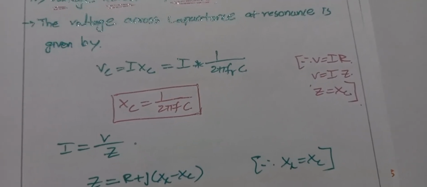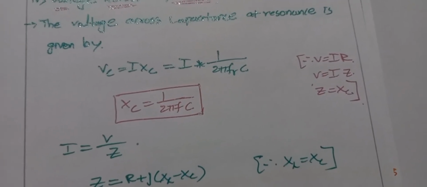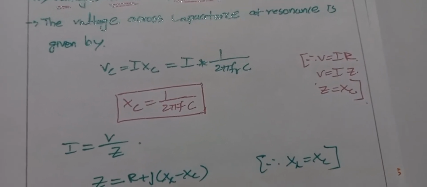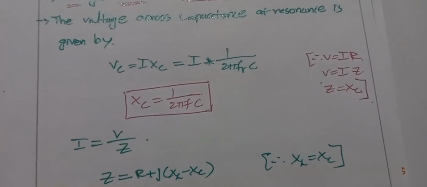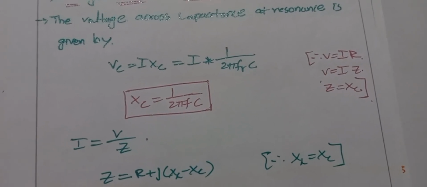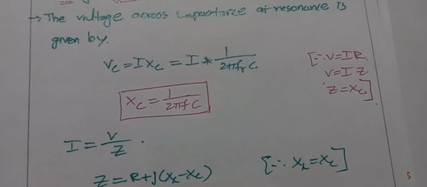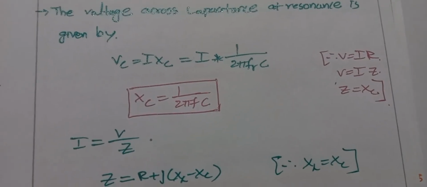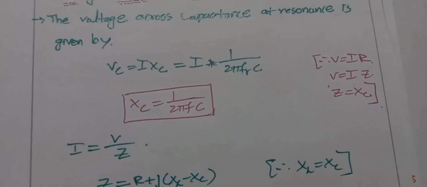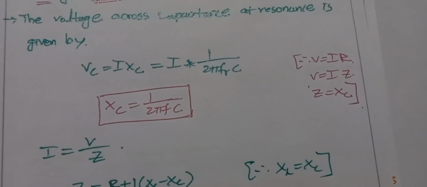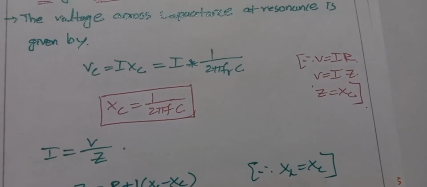Now we already know that capacitive reactance Xc is equal to 1 by 2 pi Fc. Based on that we can substitute Xc equal to 1 by 2 pi FR C. FR is the resonant frequency, and I is the flow of current. So across the capacitor, voltage Vc equal to, already we know that voltage V is equal to I into R according to Ohm's law.